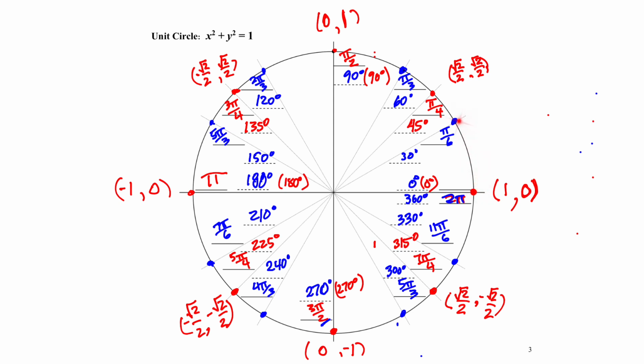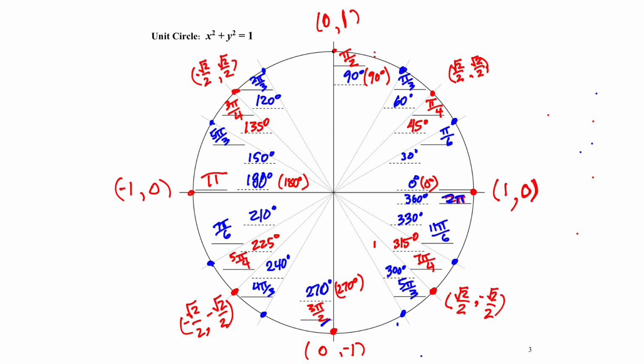We start out with 0, then we have 1 pi over 6, 2 pi over 6, which reduces down to pi over 3, 3 pi over 6, which reduces down to pi over 2, 4 pi over 6, 5 pi over 6, 6 pi over 6, which of course reduces down to pi. 7 pi over 6, we leave that. 8 pi over 6 reduces down to 4 pi over 3. 9 pi over 6. 10 pi over 6. 11 pi over 6. 12 pi over 6. 6 goes into 12 2 times.